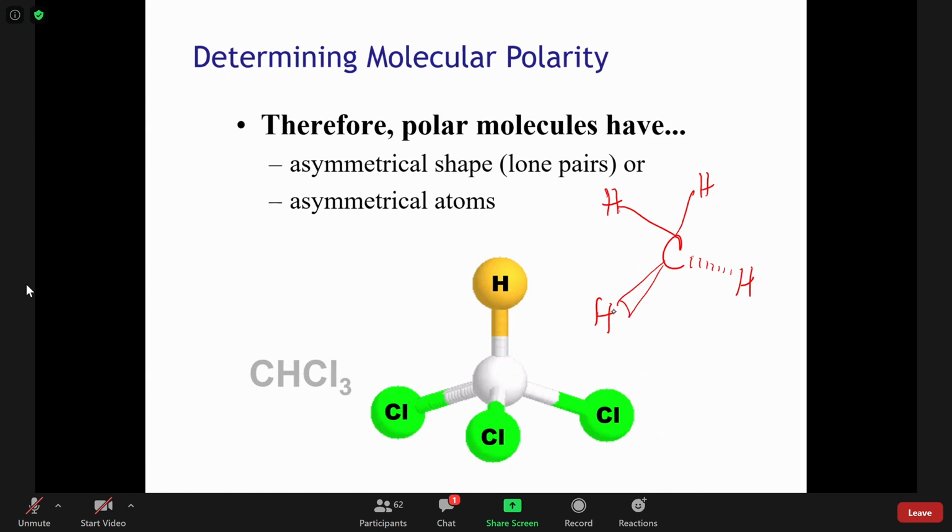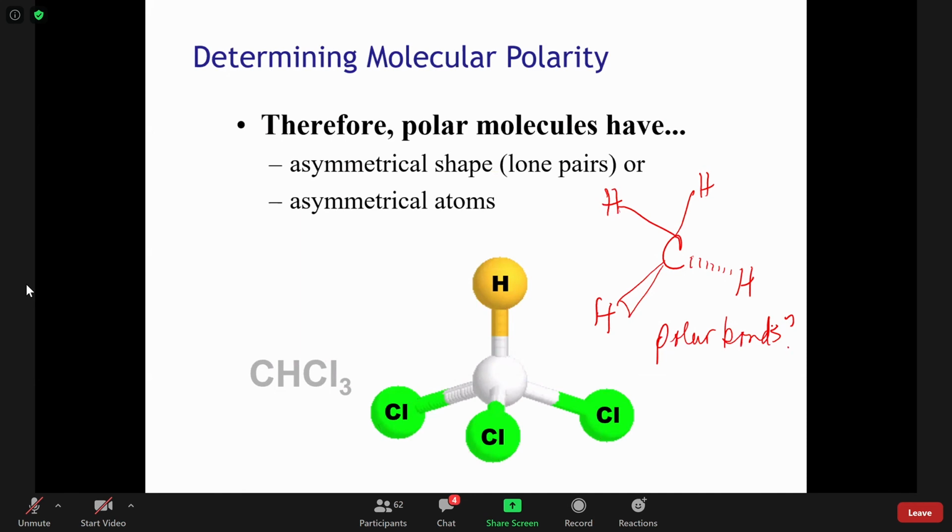Rachel, yes, I would say yes to that. Do we have polar bonds here in methane? Does anyone care to answer that question? Yes or no? Do we have polar bonds in methane? I'm just talking about the carbon-hydrogen bond. Is the carbon-hydrogen bond polar?